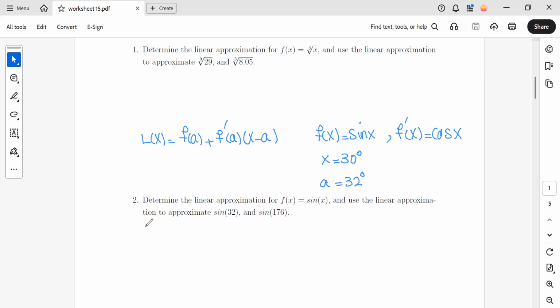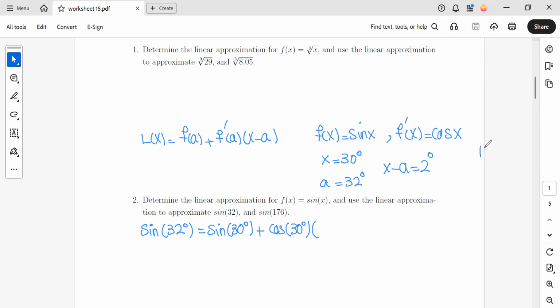So sine of 32 degrees will be f of a, which is sine of 30 degrees, plus f prime of that, which is cosine of 30 degrees, times x minus a. We know that x minus a is 2 degrees, but in trig functions, we're going to use radians because all these concepts are in terms of radians.